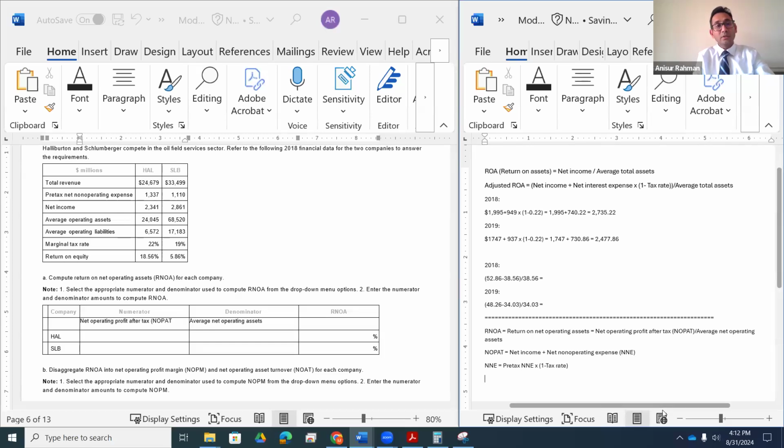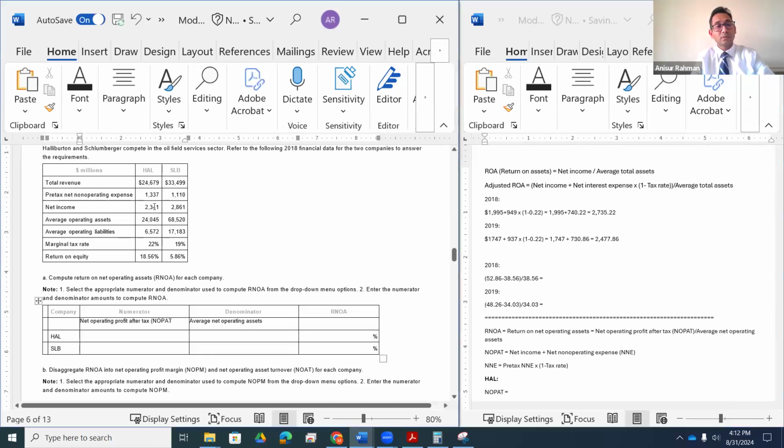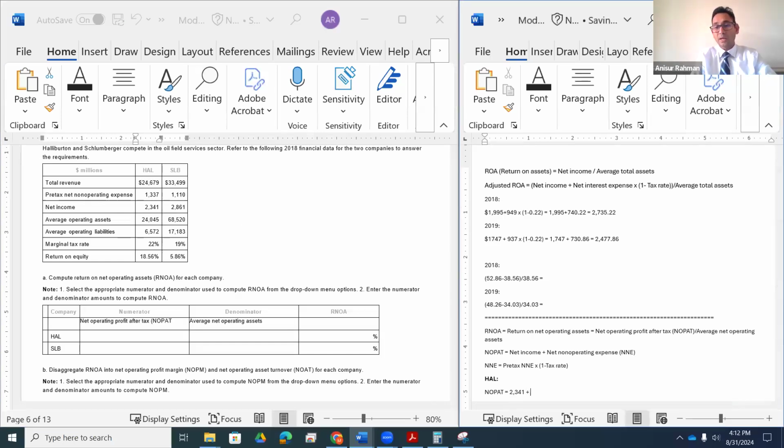So let us work on HAL, the first company. So our NOPAT will be net income, which is 41, plus net non-operating expense, which is equal to pre-tax net non-operating expense times 1 minus the tax rate.